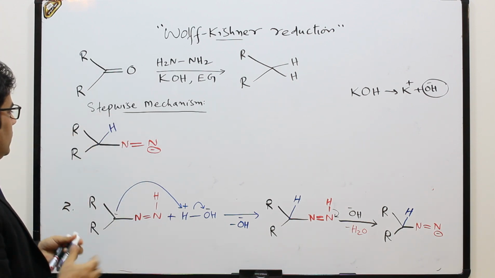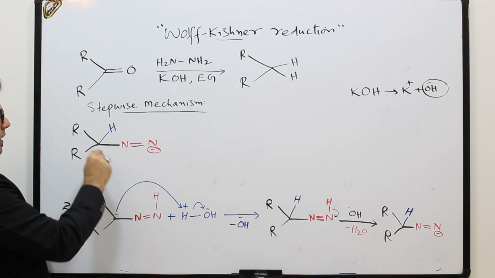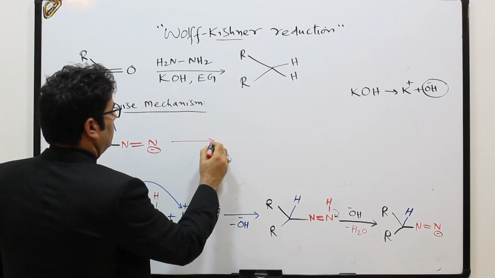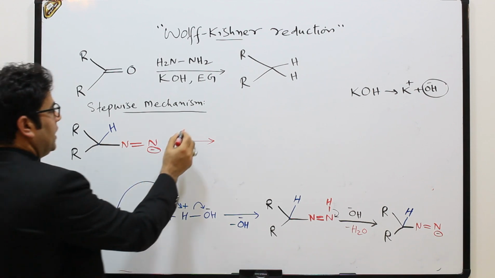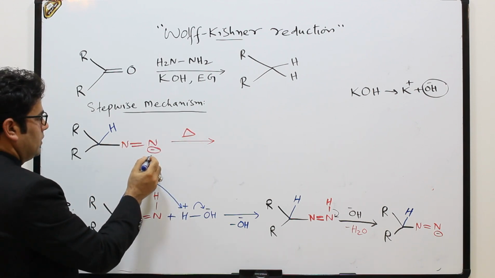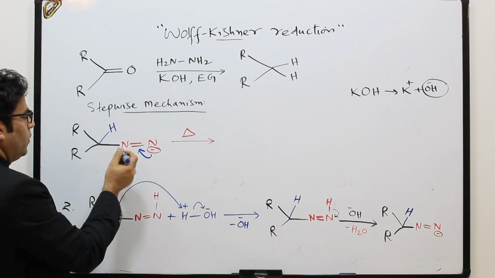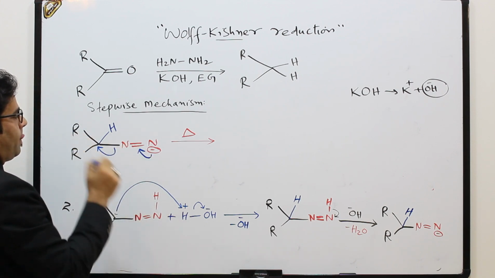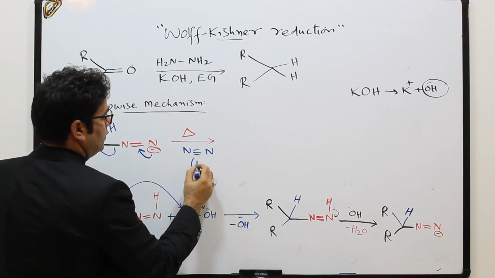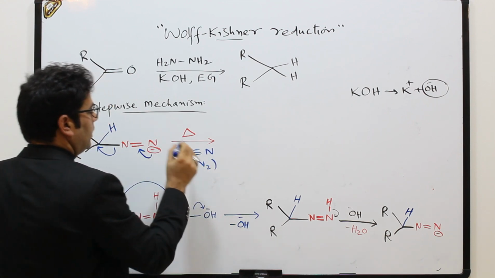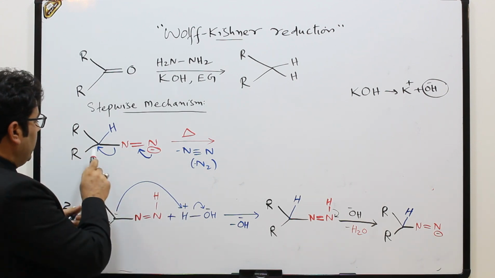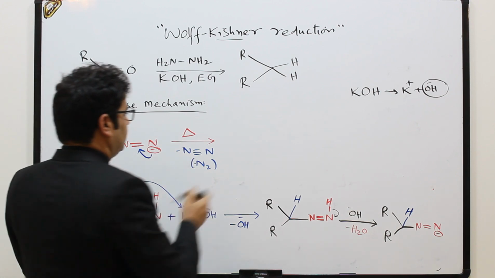We are looking to make sure that there is another hydrogen so that we can pull off this nitrogen molecule. After heating, it will show some resonance. It will go like this, and it will force this bond to break. So there is a release of N2, N triple bond N, means N2 gas will be released. It will be bubbled off from the reaction mixture, and we are getting a negative charge on this carbon.